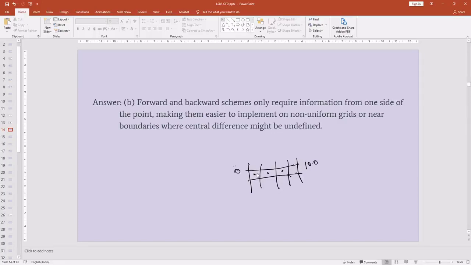Then we can logically split this difference from 0 to 100 and assume values, so that when we apply the central difference equation, we will have some estimate beforehand for the I minus 1 and I plus 1 cells.